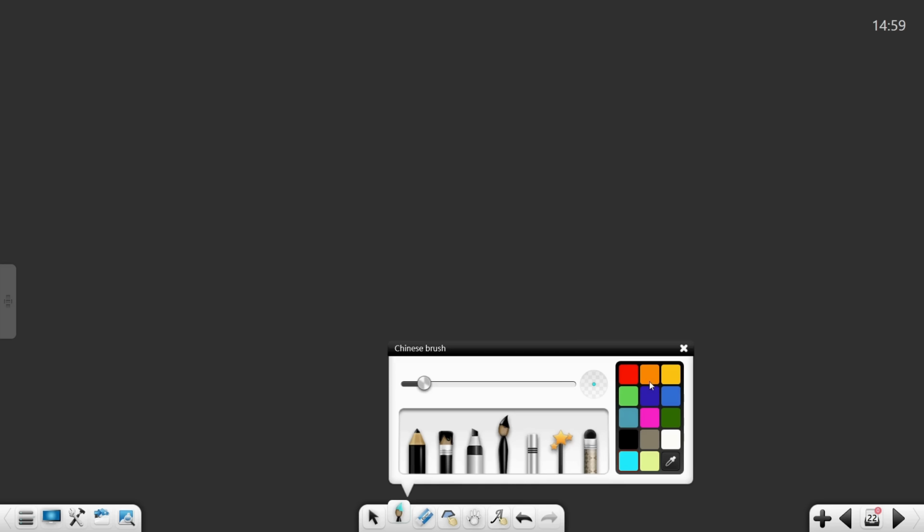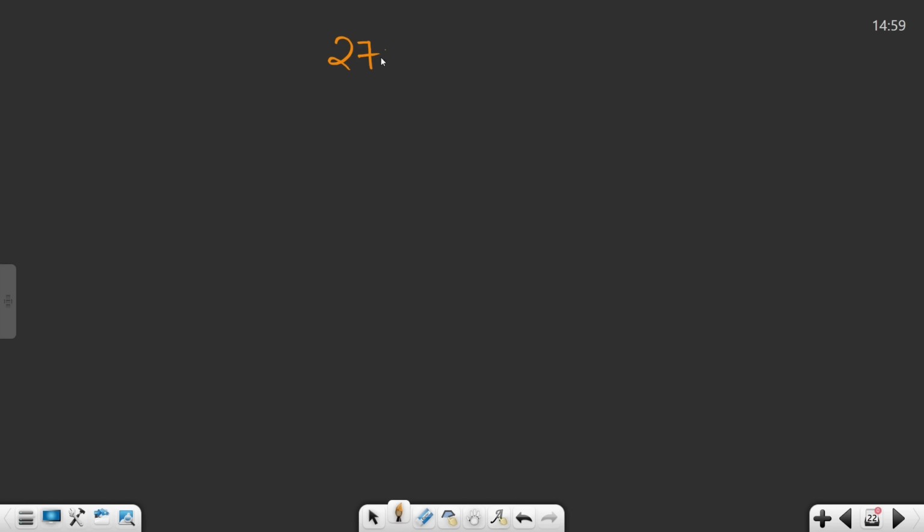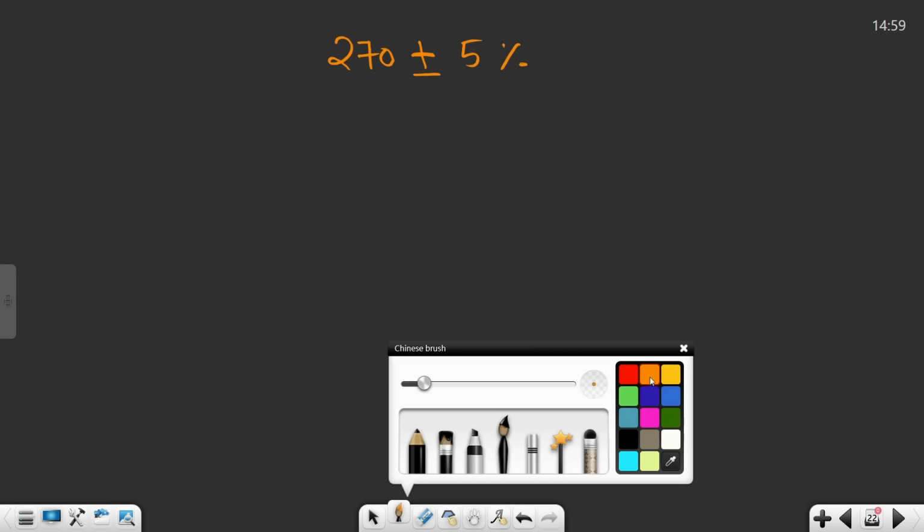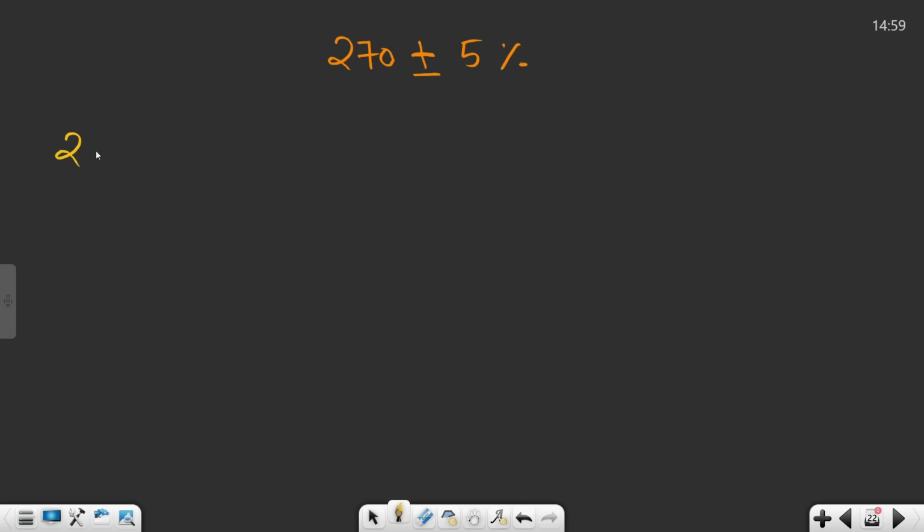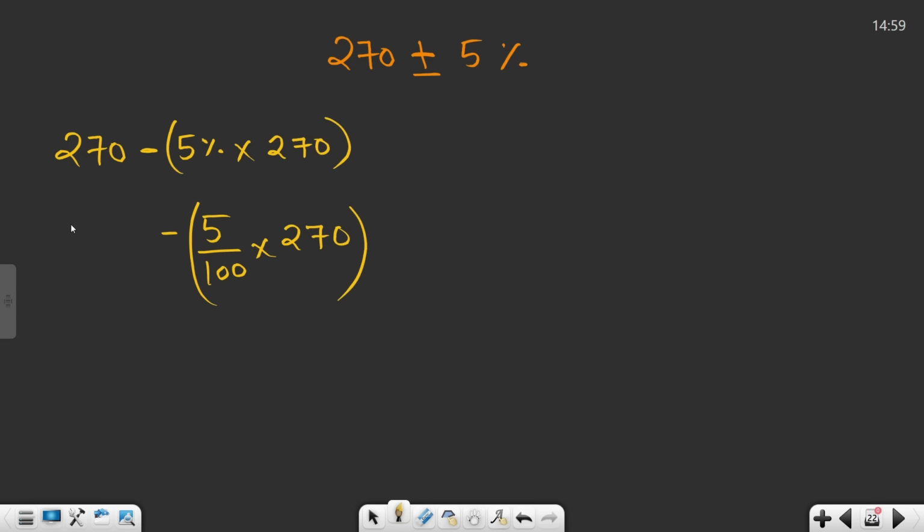So let me just write over here 270 plus or minus 5%. What exactly is this? This means 270 minus 5% of 270. That means 5 by 100 times 270. The zeros get cancelled, and 3 fives are 15.